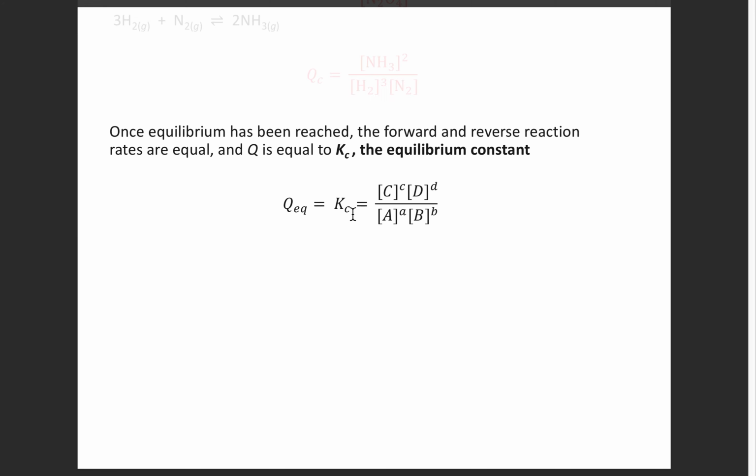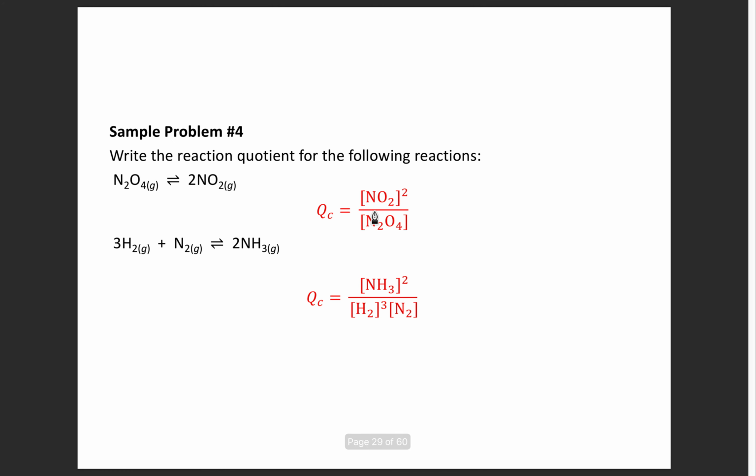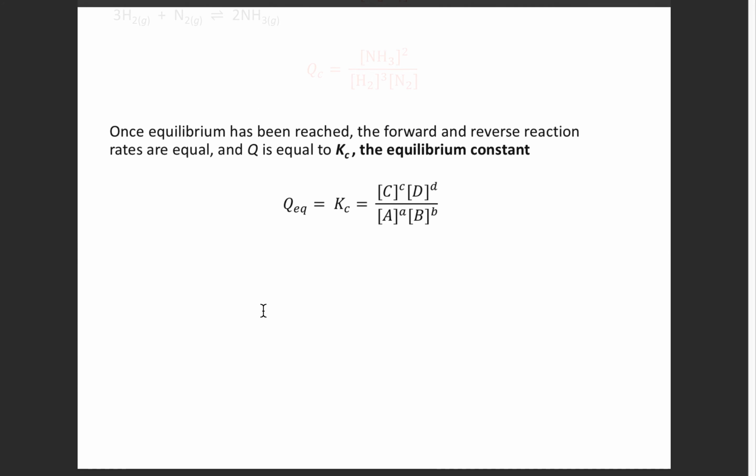And later on, we'll talk about pressure. We don't only solve for these types of situations using concentration. Sometimes we use partial pressure to solve equations like this. It's all set up the same way, and we'll look at some examples of that shortly. But in that case, we would put Qp here if we were dealing with partial pressure. And that's all that means. So don't let the little subscript throw you for a loop there.